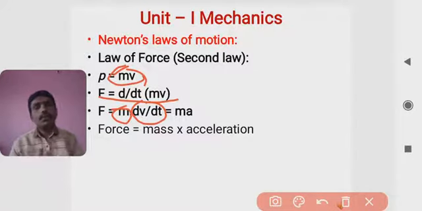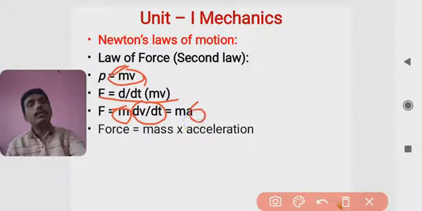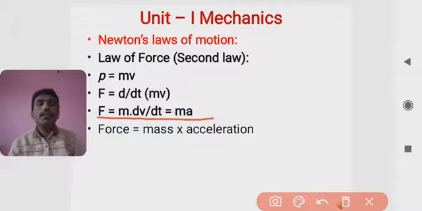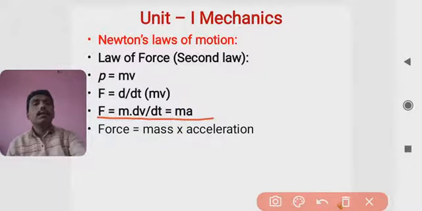Displacement with respect to time is your velocity, but velocity with respect to time gives you the acceleration, and that's why I can write F is equal to ma, that is mass into acceleration.